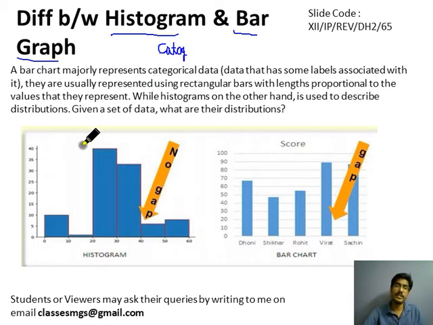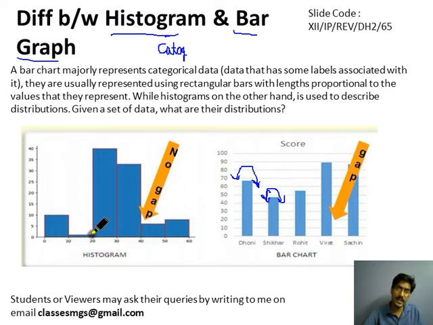There might be a gap between the two bars in a bar graph, but in a frequency distribution or histogram, we don't have any gap.